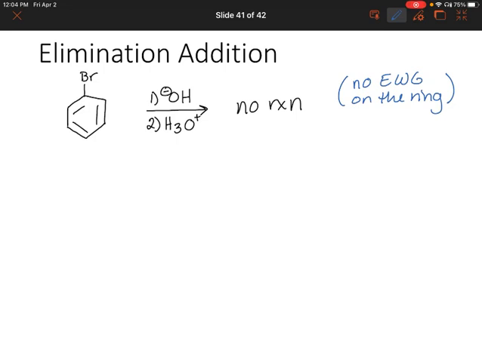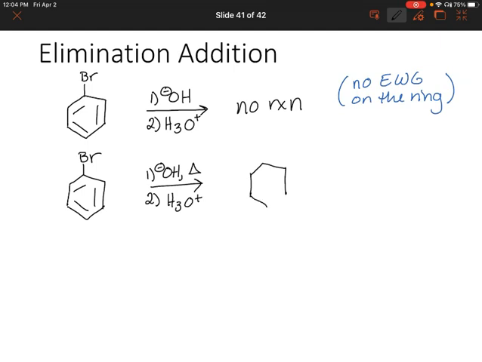So if, for instance, we add heat, and we'll just draw a little delta symbol there for heat. Now suddenly this reaction works, and we can replace that leaving group with a nucleophile.